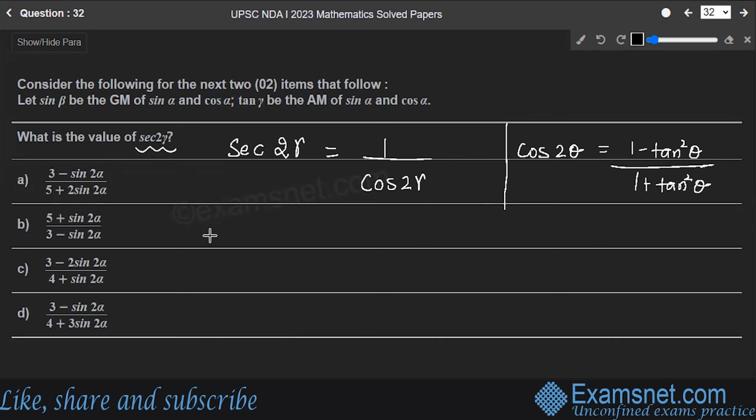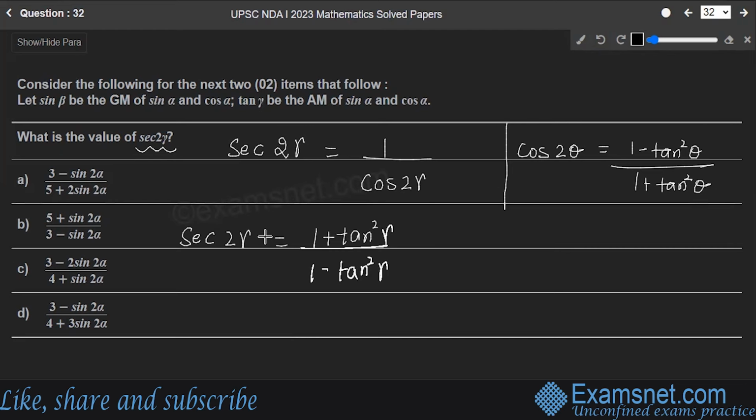So this whole thing will go in the denominator, and reciprocating that, you will get 1 plus tan square theta upon 1 minus tan square theta. So secant 2 gamma is equal to 1 plus tan square gamma upon 1 minus tan square gamma.